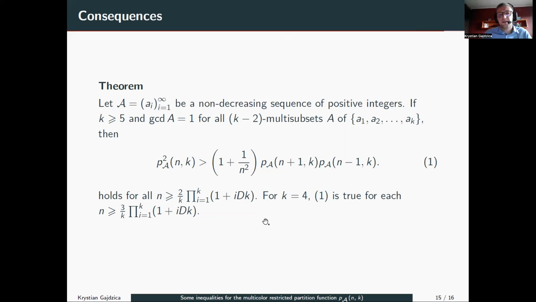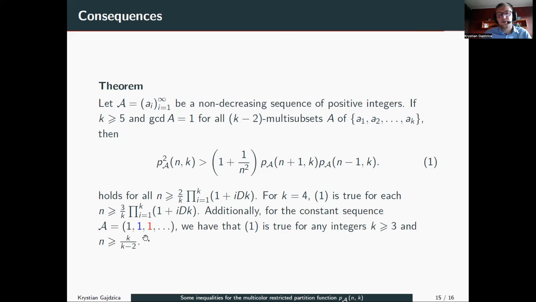And of course, we can also deal with the case in which curly A is a sequence which consists only of ones. In that case, it can be quite easily verified that this inequality holds for all k greater than 3 and n greater or equal than k over k-2. It is worth mentioning that the exponent appearing in the denominator here cannot be replaced by any smaller exponent.